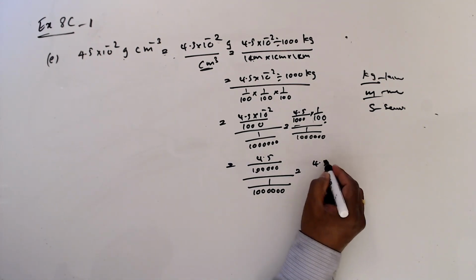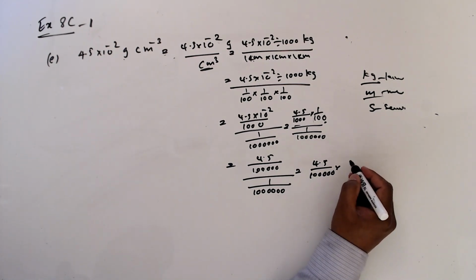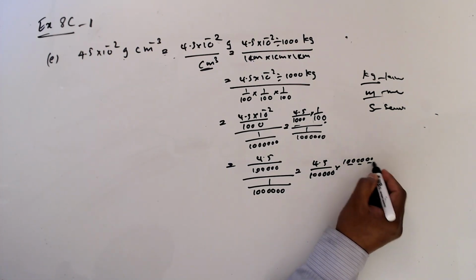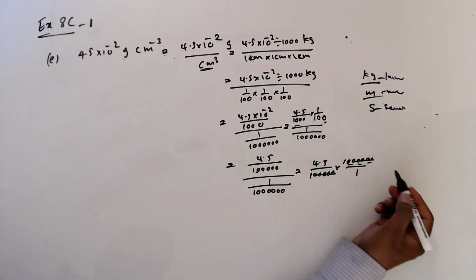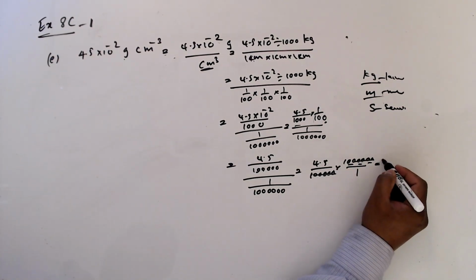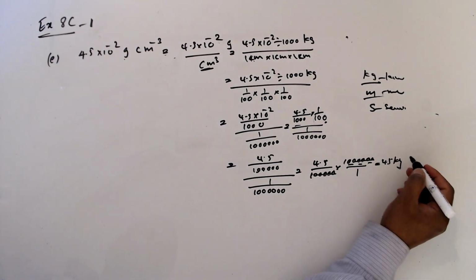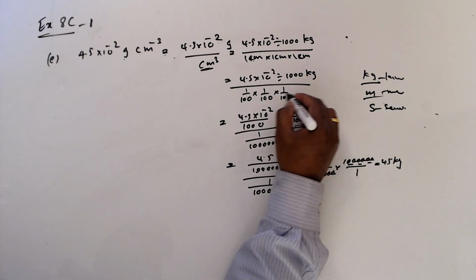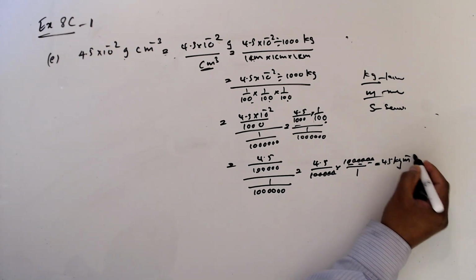So this is 4.5 over 1, 2, 3, 4, 5. And this is 1. So this cancels out. And this is going to be 4.5 times 10, 45 kg. This all becomes m minus 3.